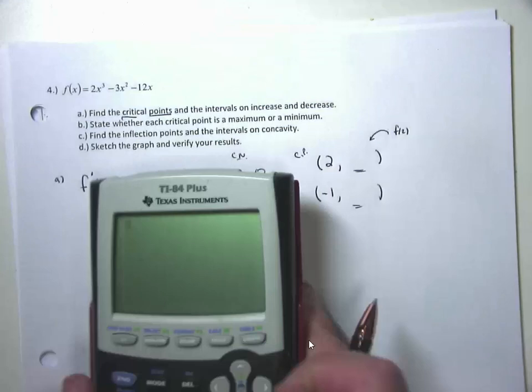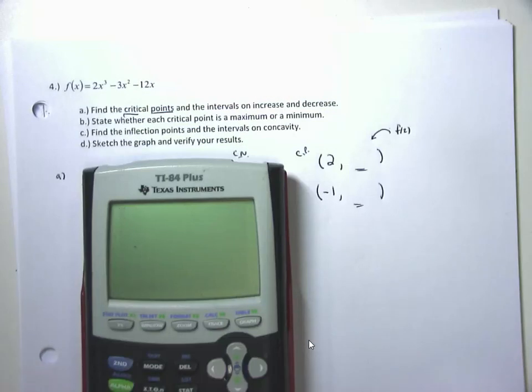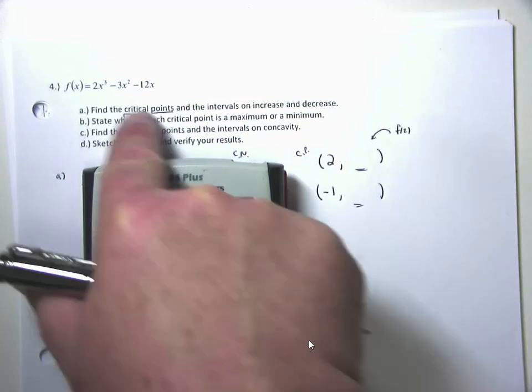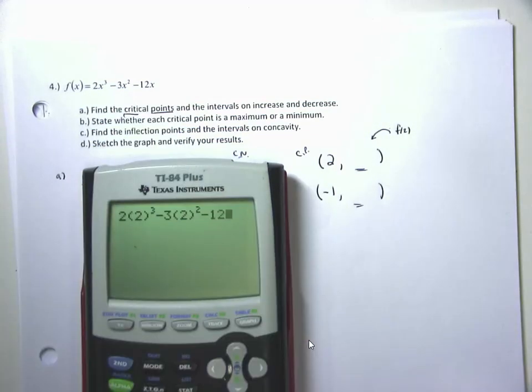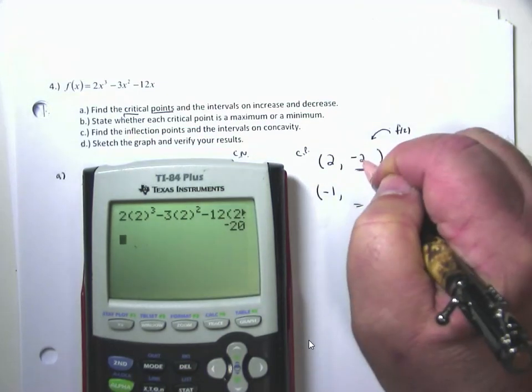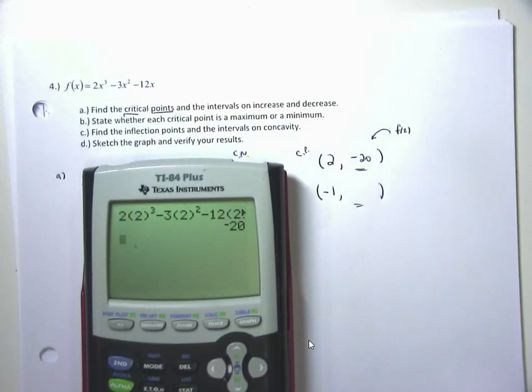Plugging it in, it'll be 2 times 2 cubed minus 3 times 2 squared minus 12 times 2. I get negative 20. Plugging 2 into the original function.